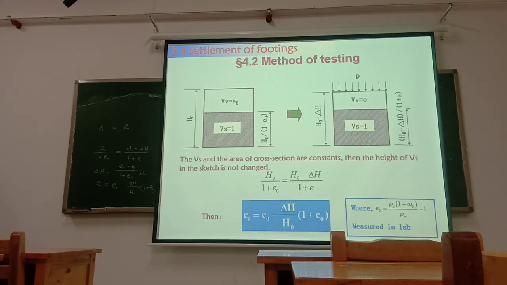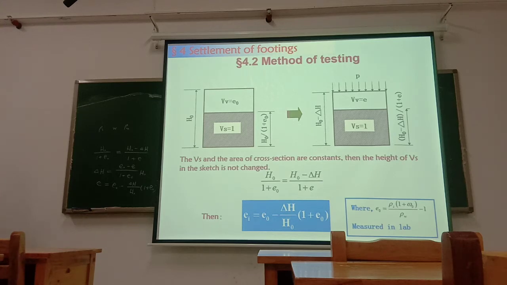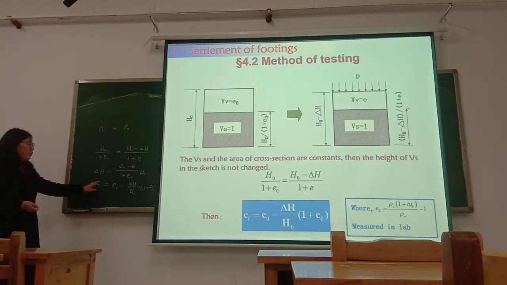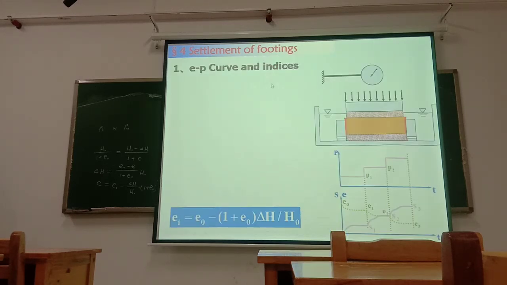And next, we use the void ratio and load relationship to indicate the soil compressibility. Here's the e-p curve. We call it the e-p curve. Here, the load increases with time.